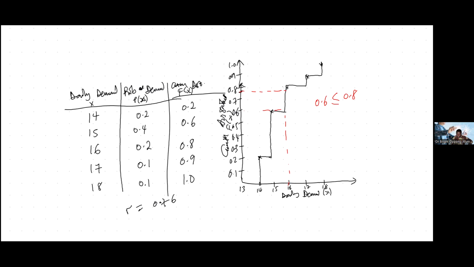So we can see that based on a random number of 0.76, we are able to determine the daily demand, right? So the process of using the Monte Carlo technique to generate the random variable can be demonstrated. So let's say that we have a random number table, right?